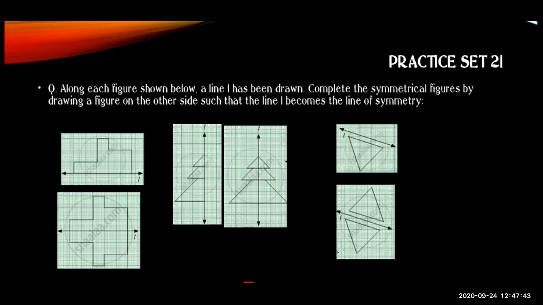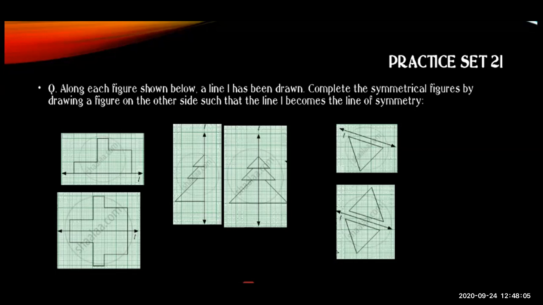Now here it is shown in the graph book, but if you don't have a graph book, you can do it in your notebook, and it is already written in the workbook. One side has been shown in the workbook, the other side you are going to draw in the workbook.